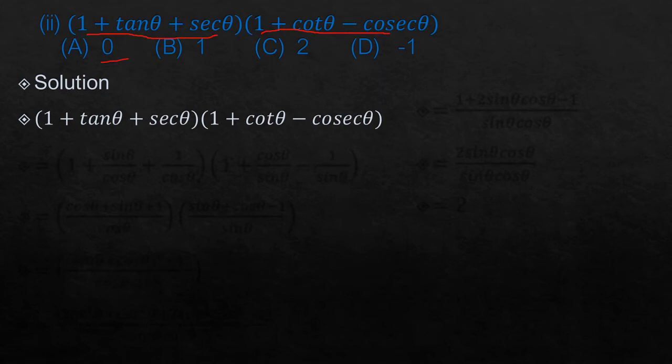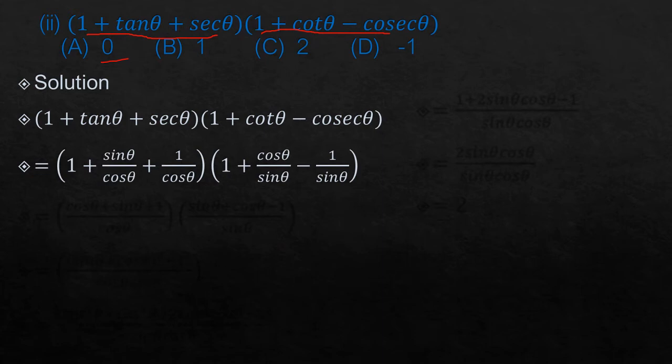Solution. How will we solve this? First of all, write the question as it is. Now you change this tan theta and secant theta into simpler forms of sin and cos. So what you get: bracket 1 plus tan theta is changed to sin theta upon cos theta plus secant theta is changed to 1 upon cos theta, bracket closed.